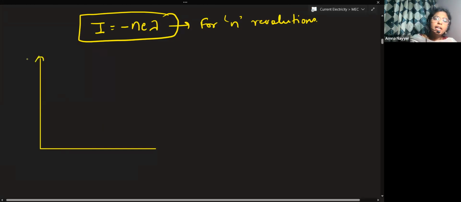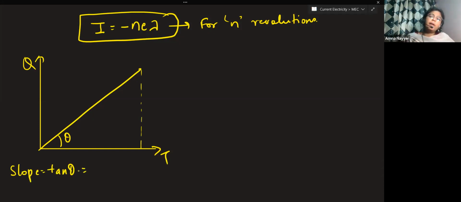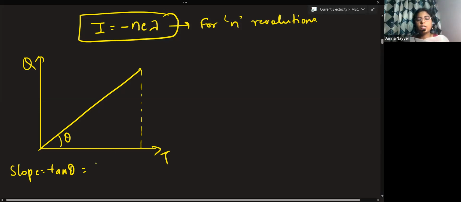For example, in a charge versus time graph, the slope is always given by tan theta, which is perpendicular divided by base, means y-axis divided by x-axis. So this means Q divided by T, and Q by T is current. It means the slope of the Q versus T graph gives you electric current.